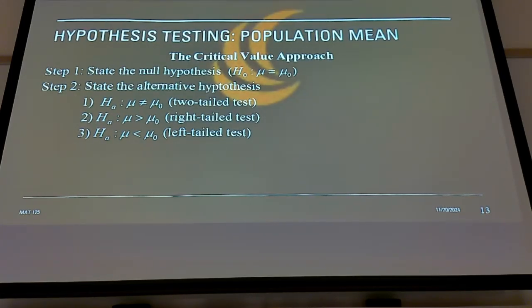So it points in both directions. So your alternative determines your rejection region.